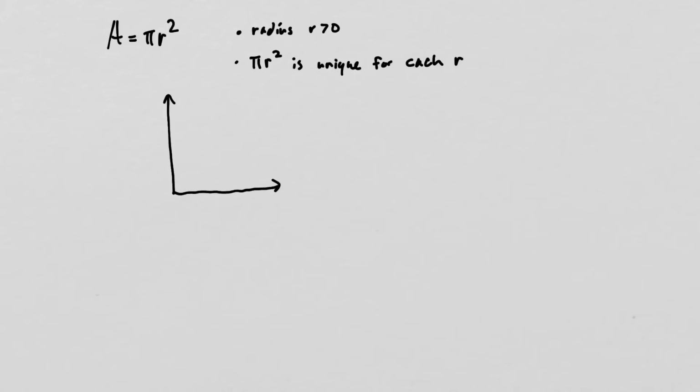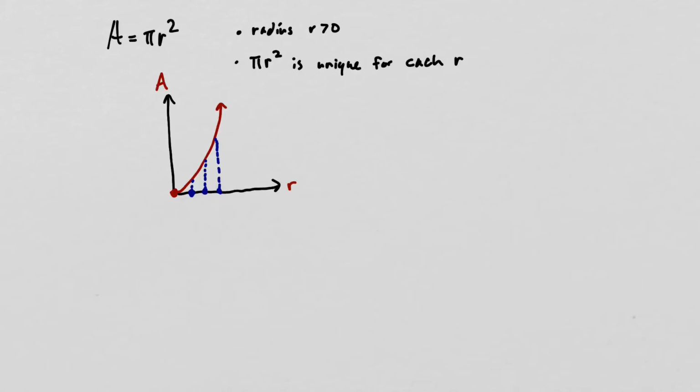So the graph of our function, the input is going to be given by r, and the output is going to be given by A. And we see that the graph of our function is going to look very quadratic. And because this is a function already, we know that each x value is associated to only one y value.